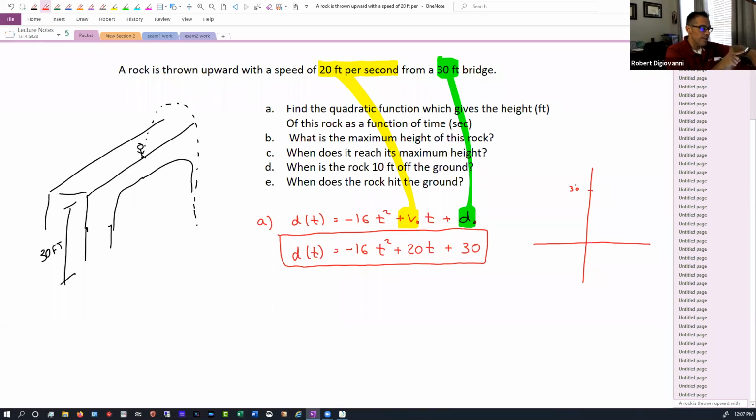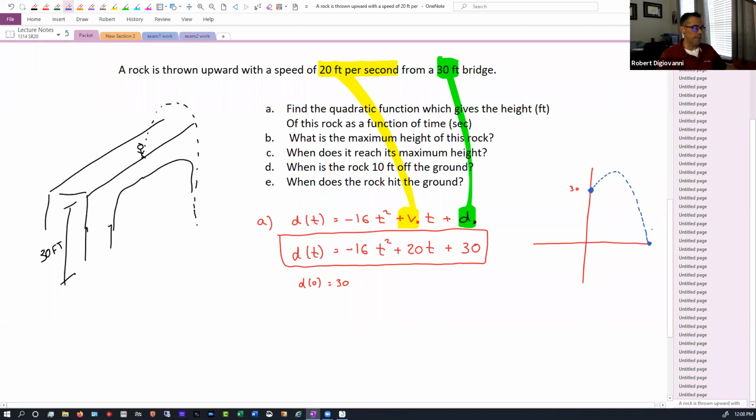I'm getting a little ahead of ourselves, but if we plug 0 into this, we get 30. That means at time 0, the rock is 30 feet high, about to leave the person's hand. Right when the clock's about to start, it should be 30 feet high. Then the ball's going to go up, and then it's going to come back down and hit the ground.